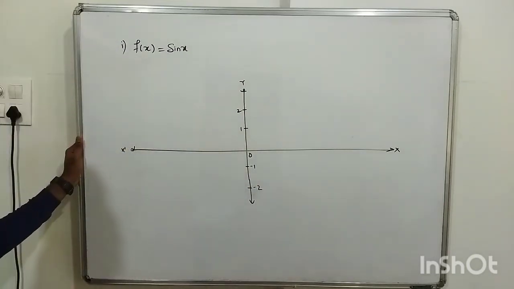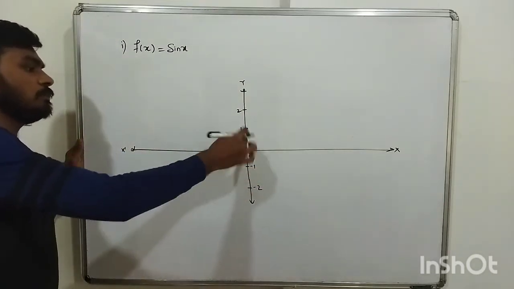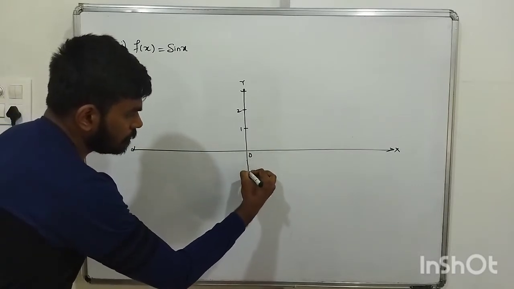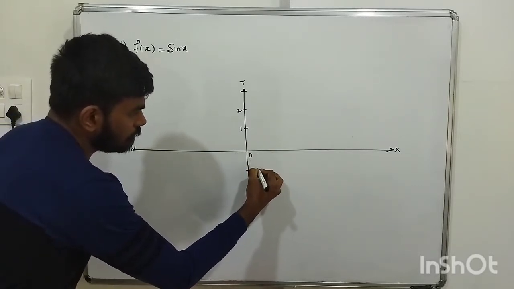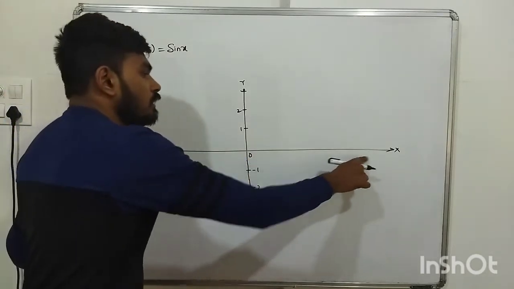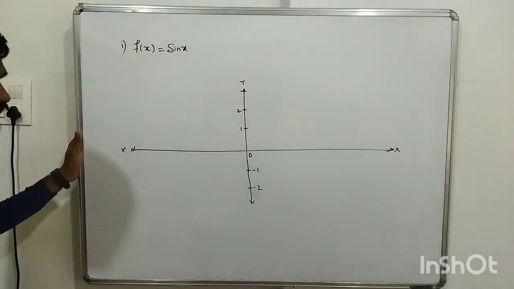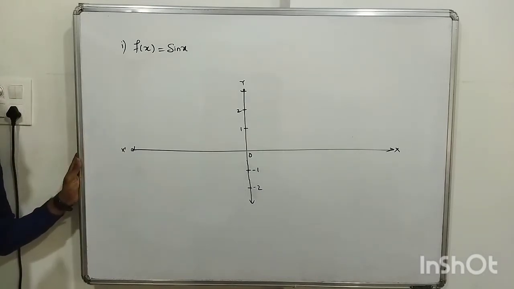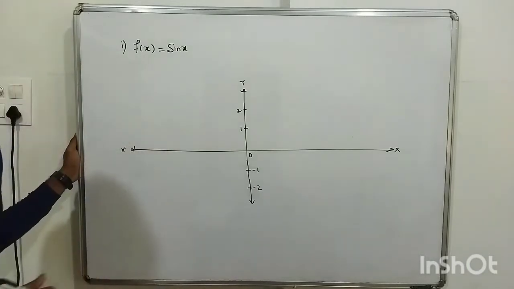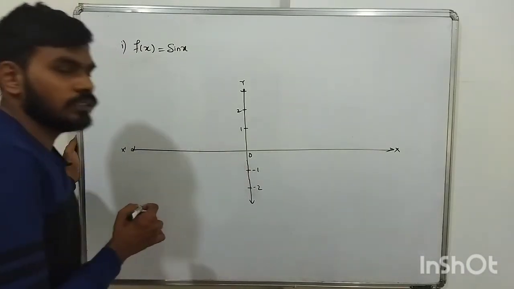Actually I am not marking these points because those are not needed further. You'll come to know. Now here I'll mark the different standard angles, not 1, 2, 3, 4, 5 and all.